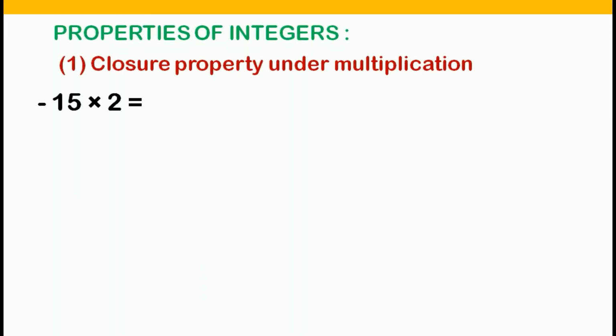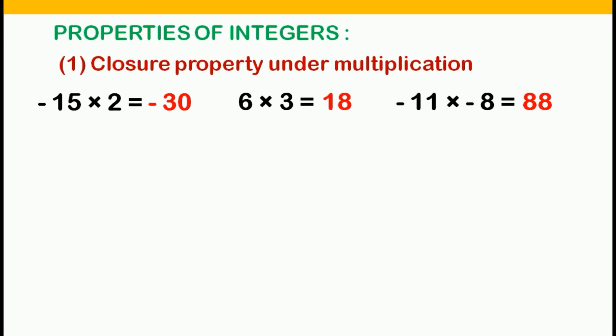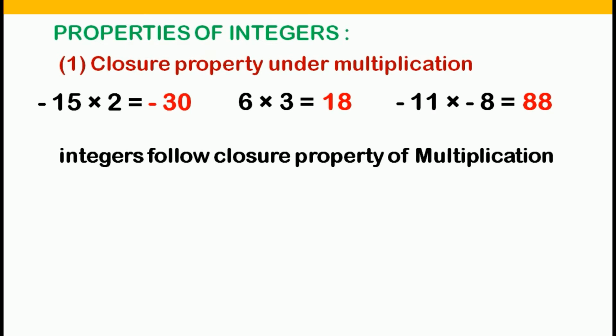So now closure property under multiplication. Look at these examples. Minus 15 into 2 is equal to, the product of these two integers, minus 30. 6 into 3 is equal to 18. Minus 11 into minus 8 is equal to plus 88. So here the product of the two integers is also an integer.